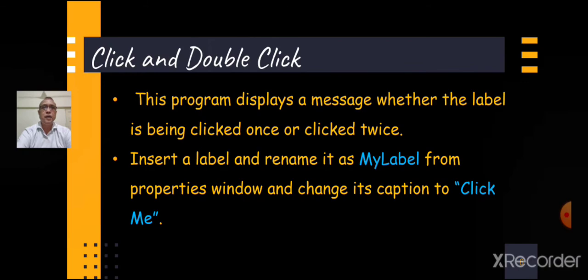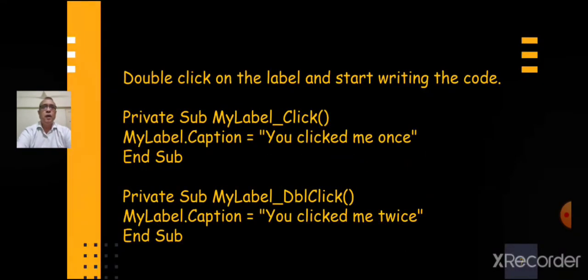For that, insert a label and rename it as My Label from Properties window and change its caption to Click Me. Double click on the label and start writing the code.